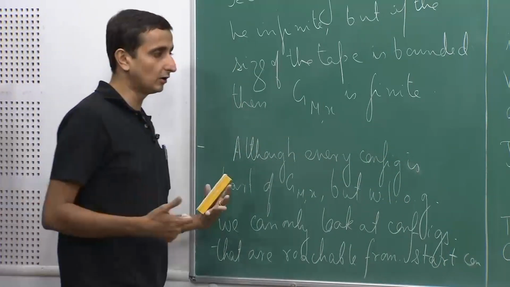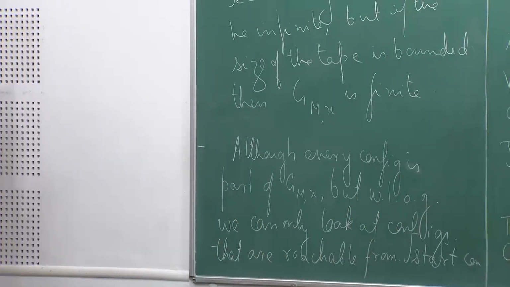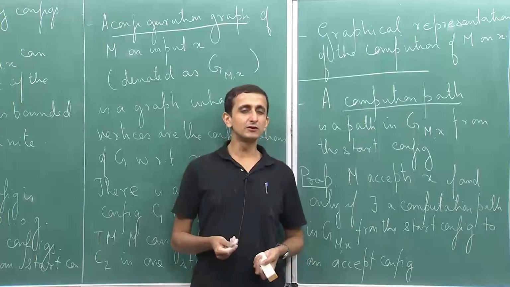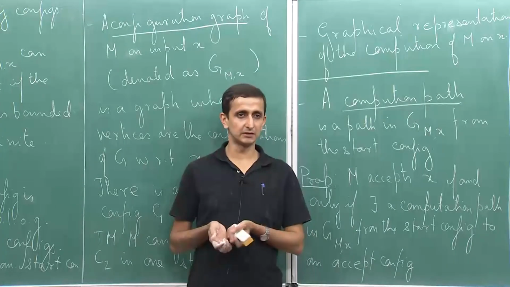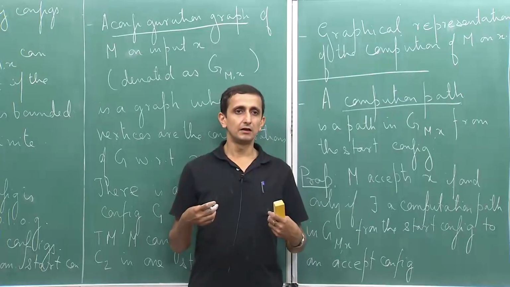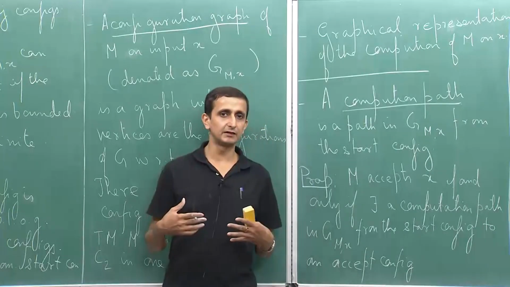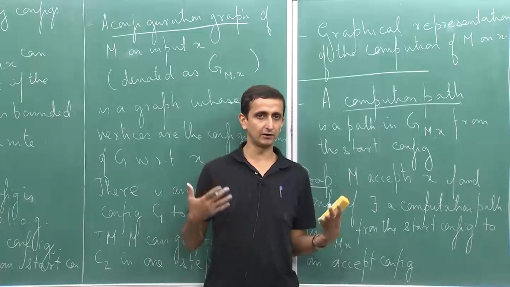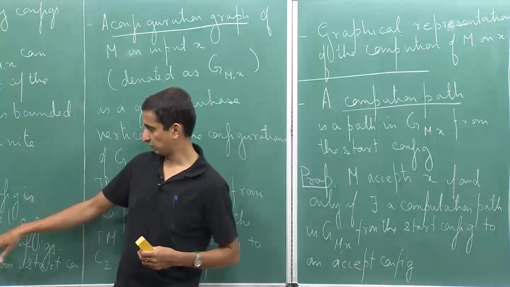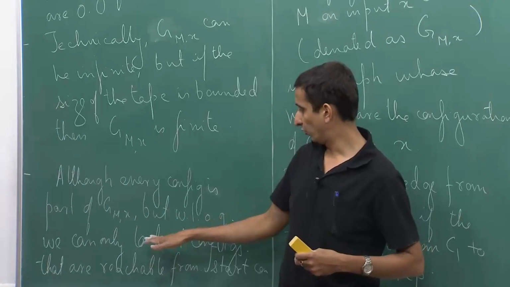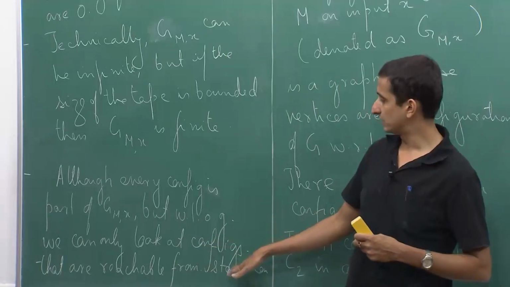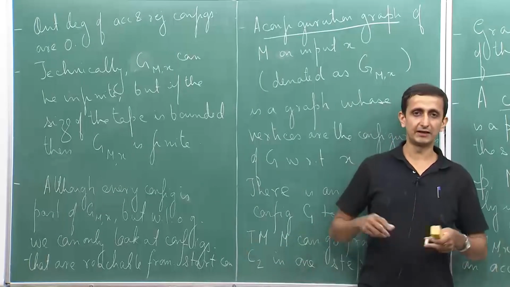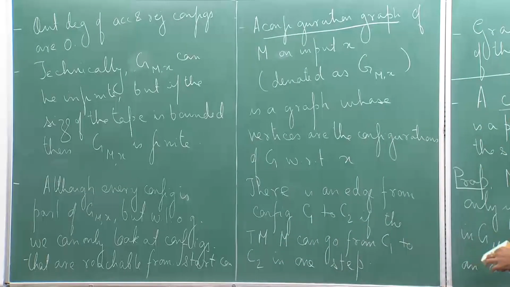By definition the graph contains all possible configurations of the Turing machine on that input, but there are of course certain configurations which are not reachable from the start configuration. In other words, when you are performing the computation of the machine on the input x, you will never even reach those configurations. So, what is the point of keeping them in the graph? Without loss of generality, we can only focus on the configurations that are reachable from the start configuration. This we can always assume.